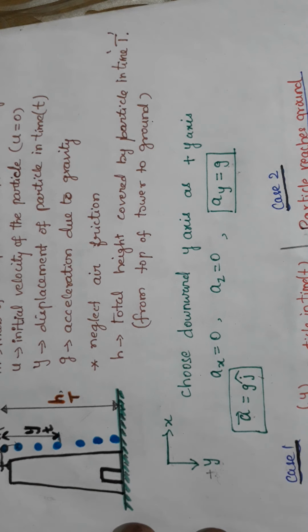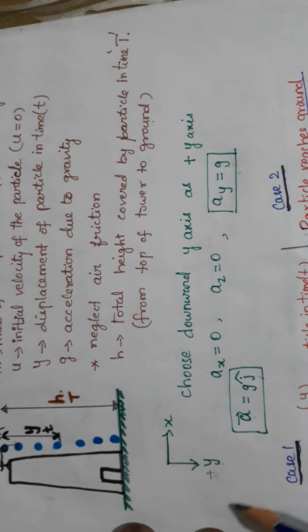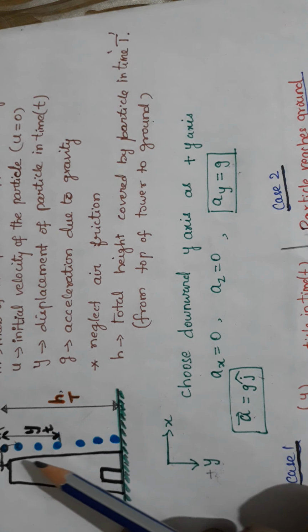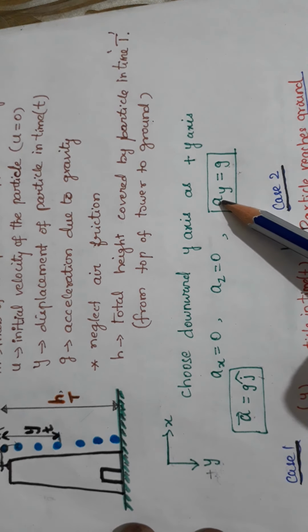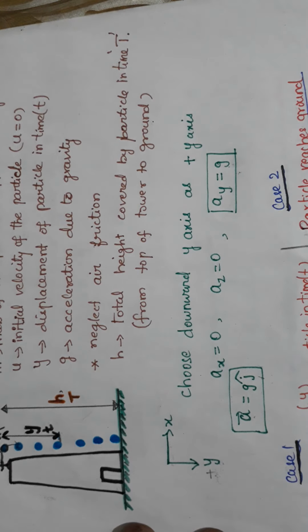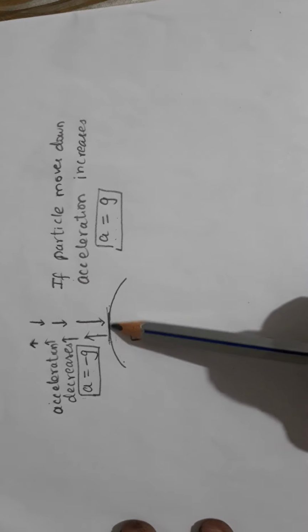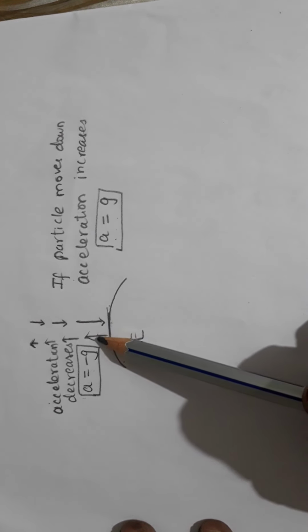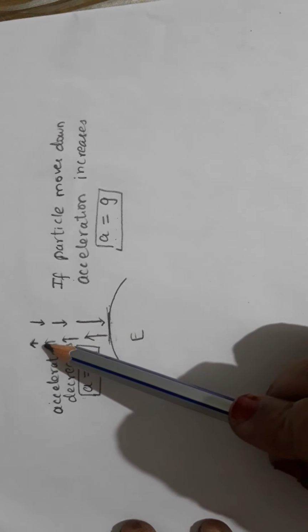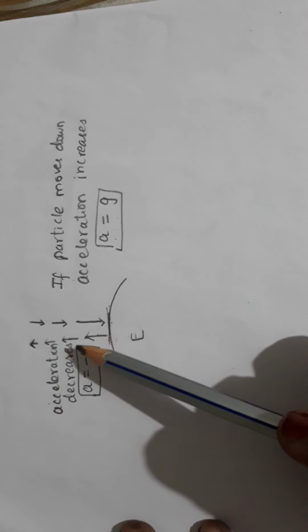Now you might wonder, children, why we are considering a is equal to plus g when the particle is moving downward, right? So to understand that, consider this as the earth's surface. If you are throwing the particle upward, the velocity of the particle decreases.